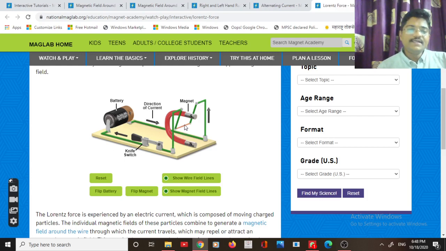The force exerted on a current carrying conductor due to an external magnetic field is called Lorentz force. Remember that. And look at the field lines in green color generated by this current carrying conductor. This is the magnetic field of the current carrying conductor, and there is also an external magnetic field.